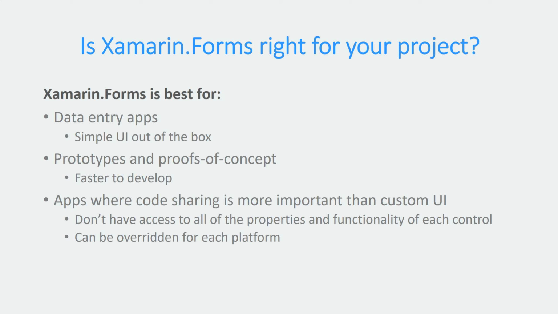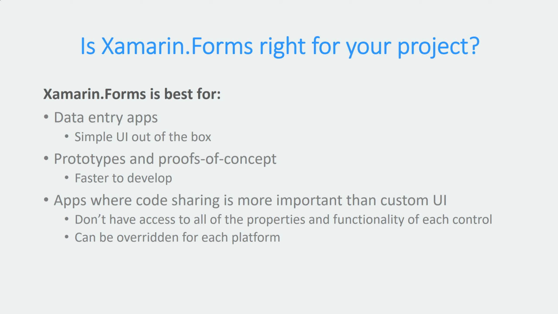So for example, if you have a button or a list or an input box, in Android it's one type of control, in iOS it's another, and in Windows it's another. So you're designing your UI in one place, and then that gets translated to native when you compile.